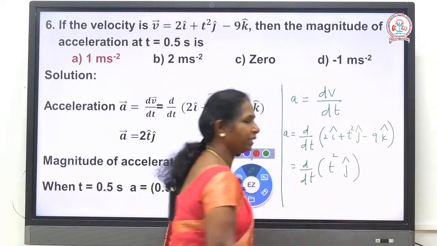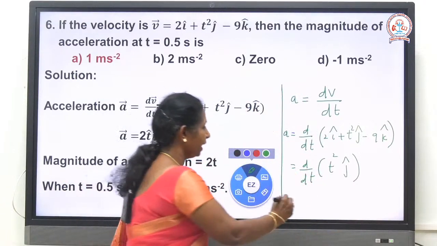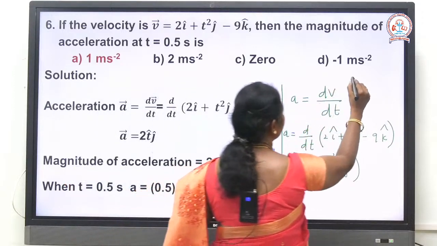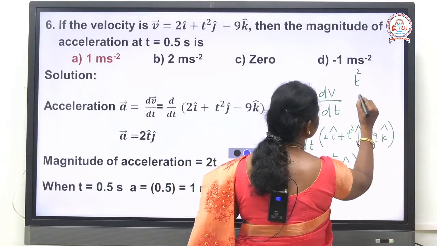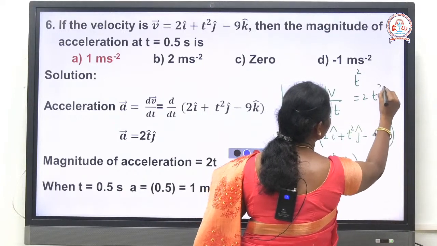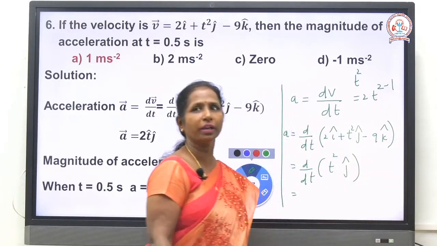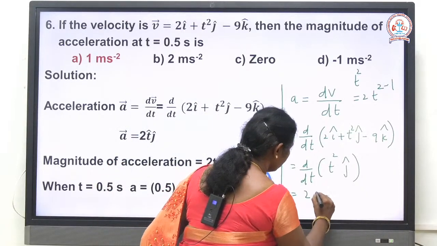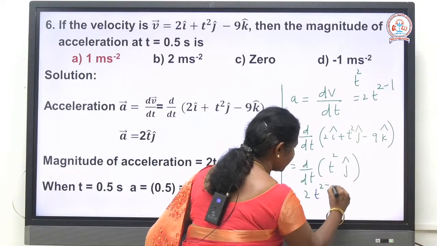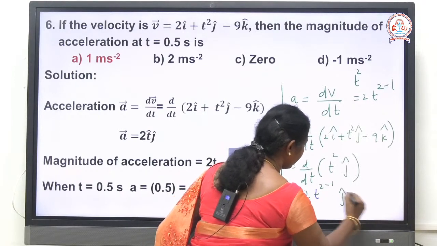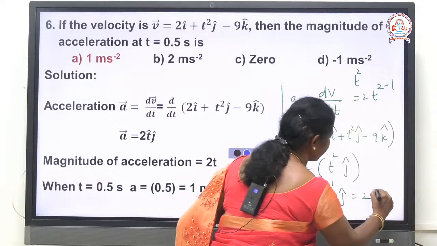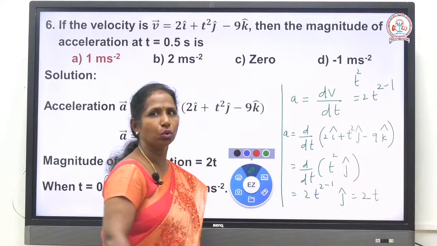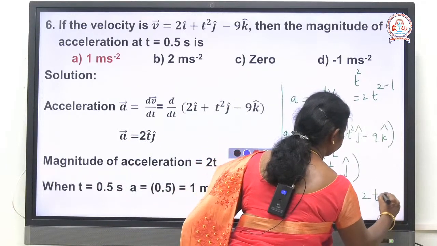T power 2 differentiates to 2 t power 2 minus 1, into j cap. 2 minus 1 is 1, so we get 2t into j cap.